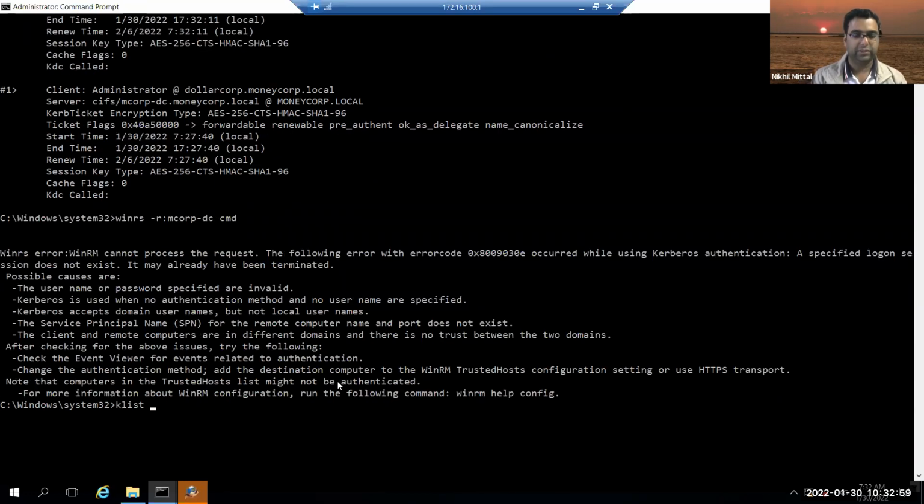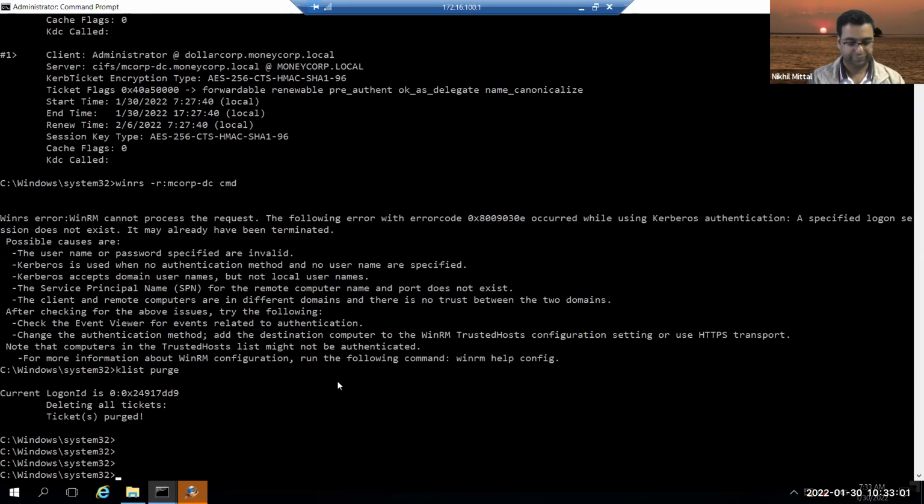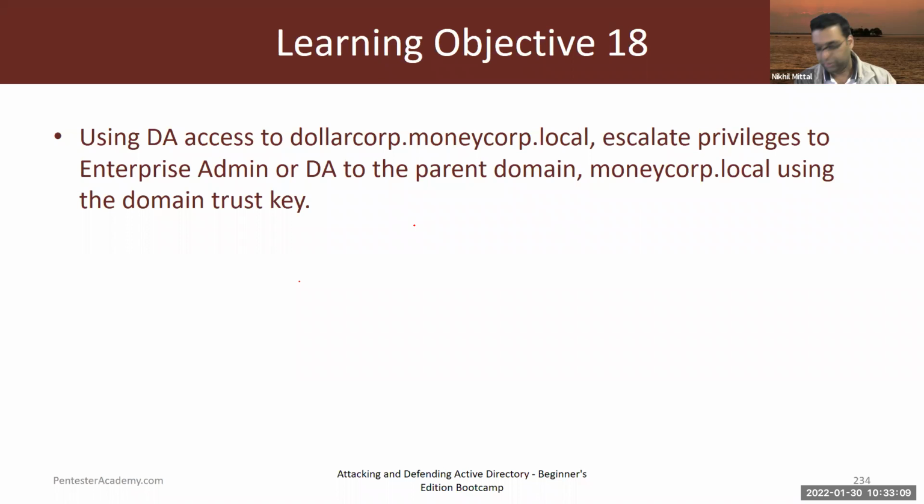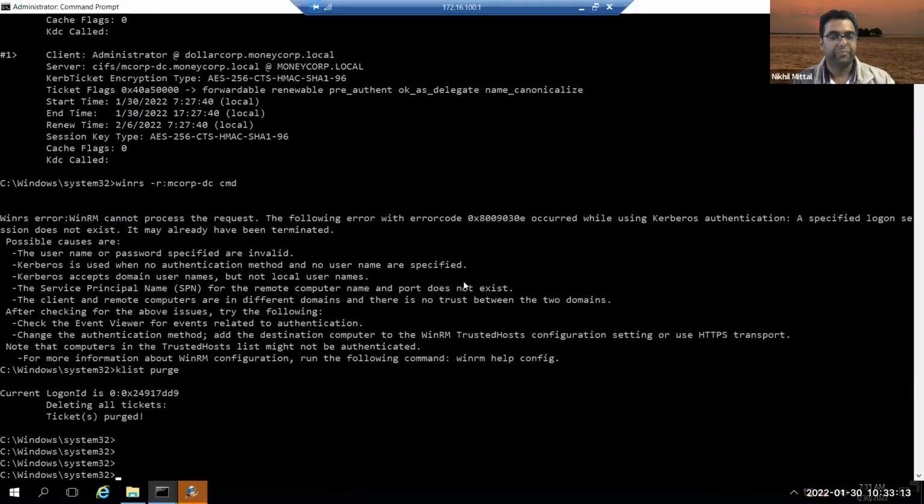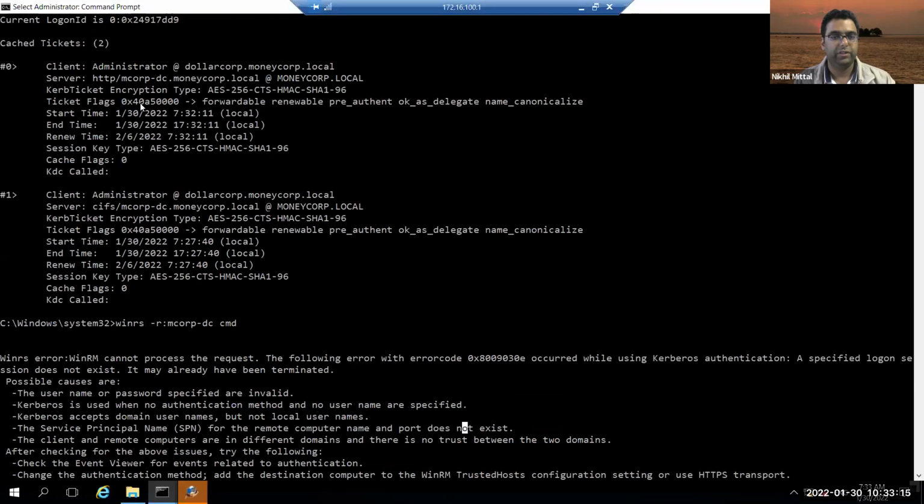So let's clear the tickets here. This was fine. However, as you saw here, we need to request an individual TGS for whatever service we want to access on a resource.